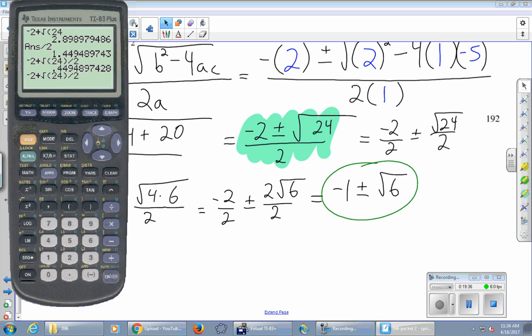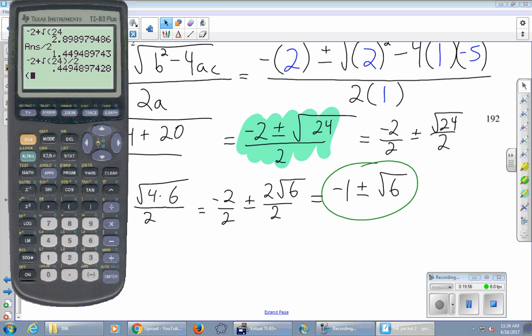Here's the problem. That divide by 2 is only touching which part? Only touching the square root of 24. So it's only doing it on the second one, but it doesn't have it under the negative 2. So if I want to do this right, I've got to start with parentheses. And that's why it's easy to get it wrong, because there's no parentheses written there.